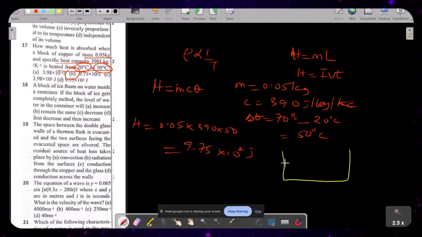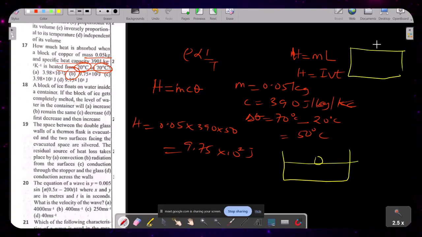When you have your water, filled up, and you drop your block of ice in it, the ice will displace some amount of water. The volume that the ice occupied will displace some water out of it.